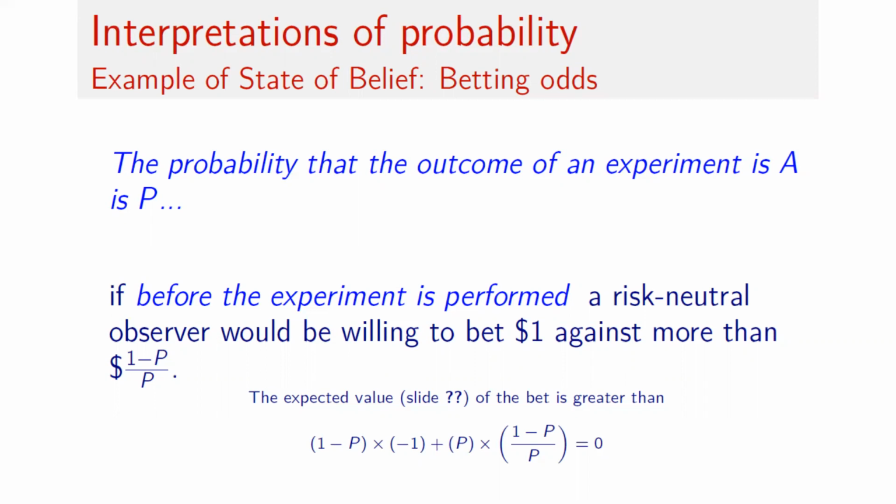The reason for choosing that fraction is making sure that the expected value of the bet is positive, and we will discuss expected values at the end of this class.